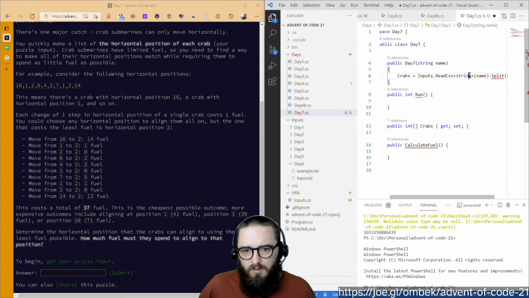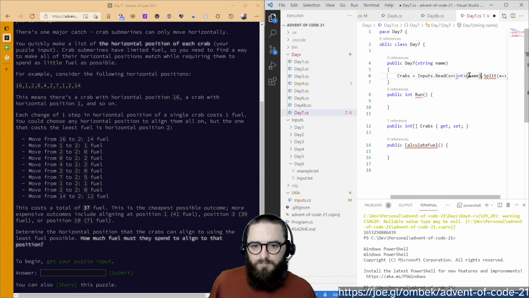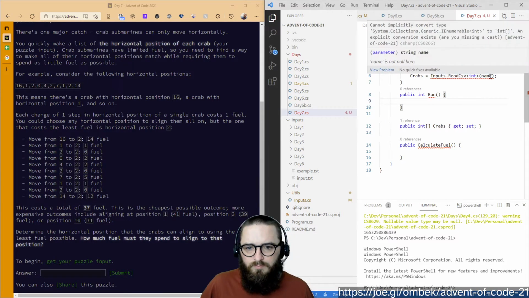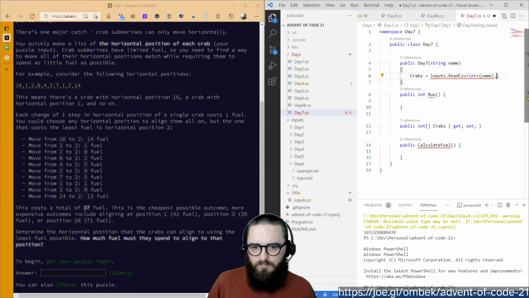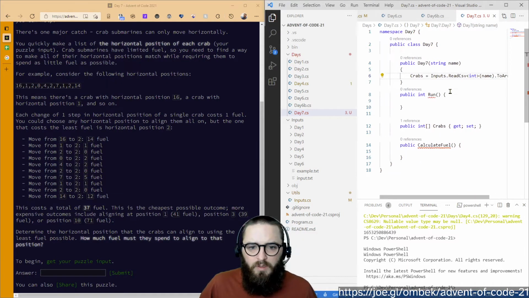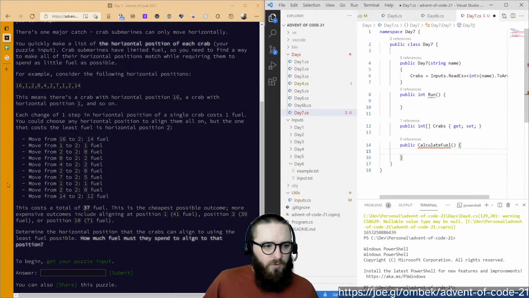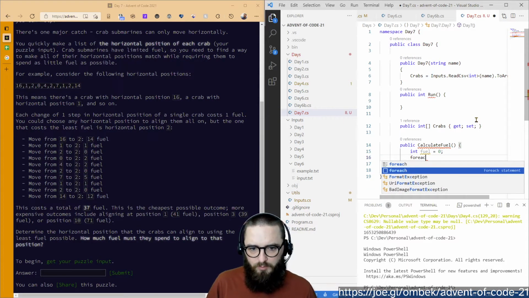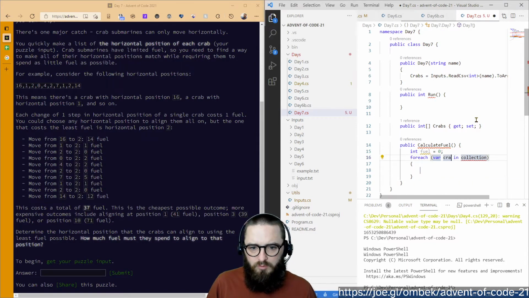CSV integer, to array. So calculate fuel is going to go int fuel equals 0, and then we're going to loop through each crab in crabs.